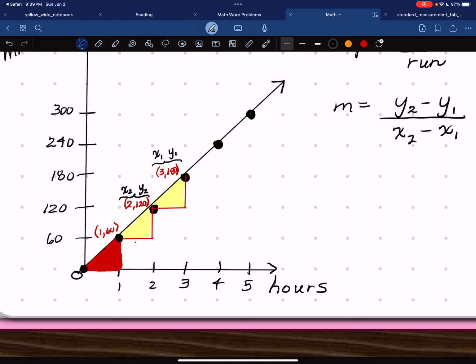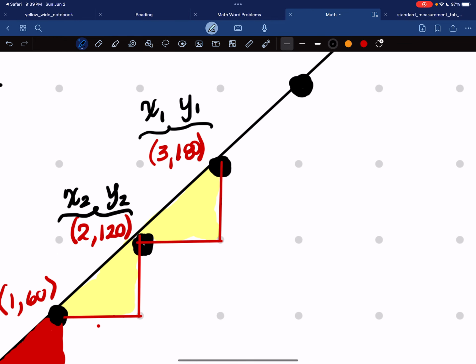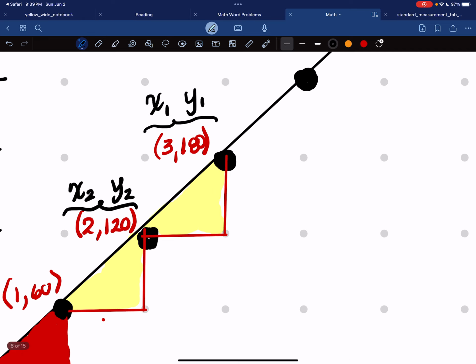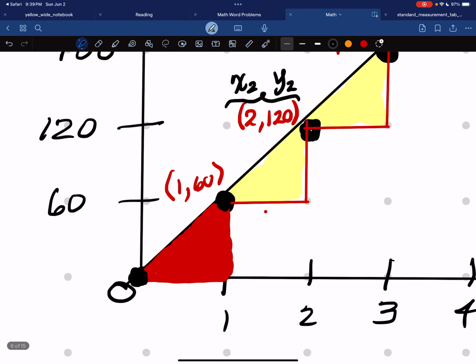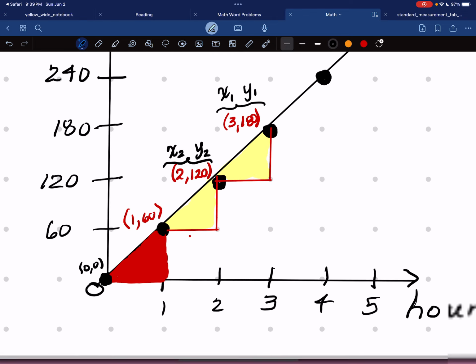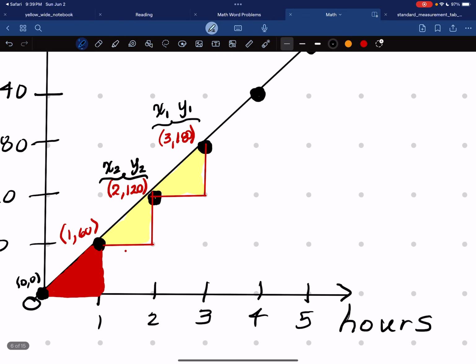And I personally had to label those or I got them mixed up. So I shared that with my students. Go ahead and label the 2 x's and the 2 y's on the 2 points you want to use. You can use any 2 points. Personally, I would have picked this one, 0, 0, and 160, because those are the smallest numbers. But you can use any 2 points that you want to use.